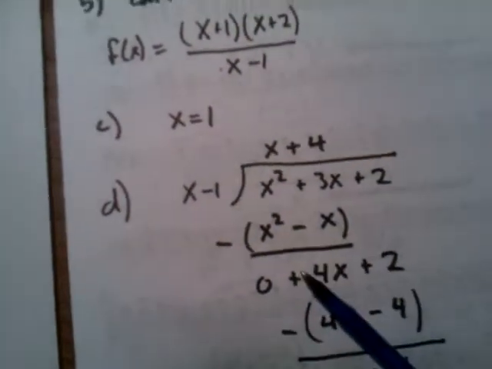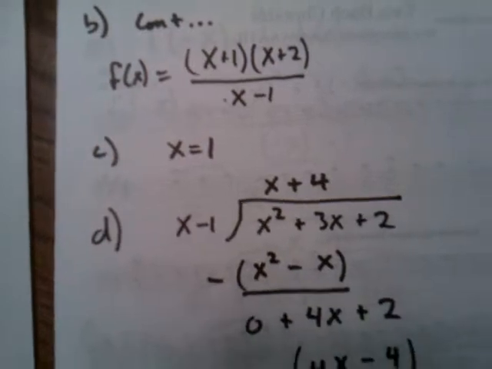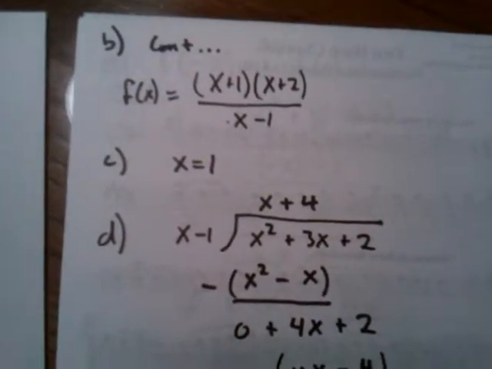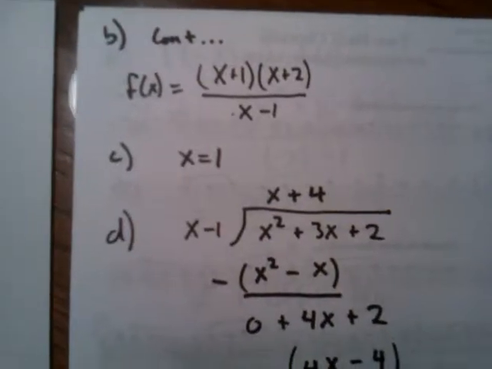Now for question D, we're asked to find the oblique or horizontal asymptotes. For this question, there are no horizontal asymptotes because the numerator power is greater than the denominator.